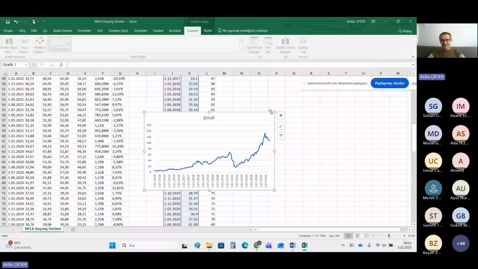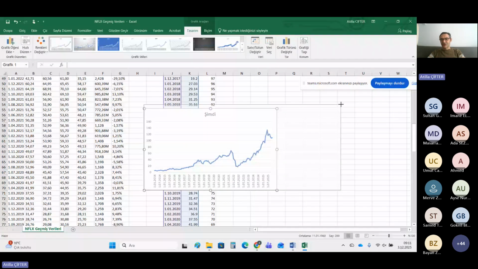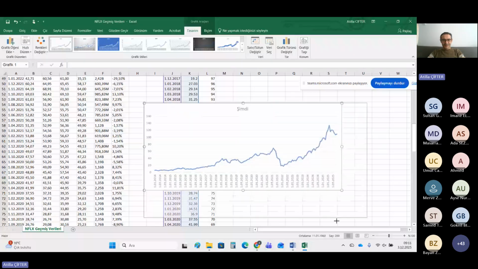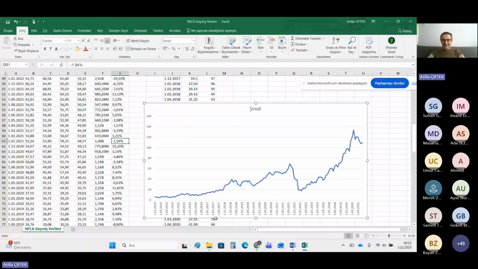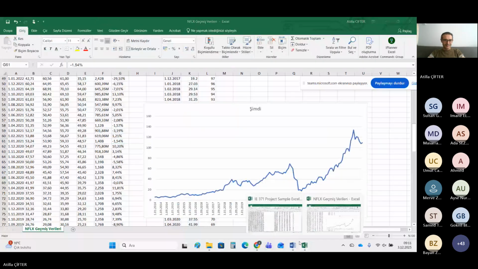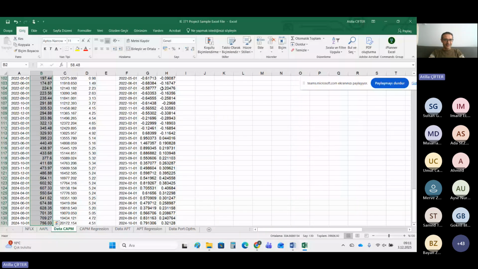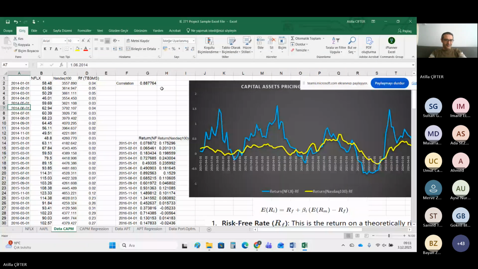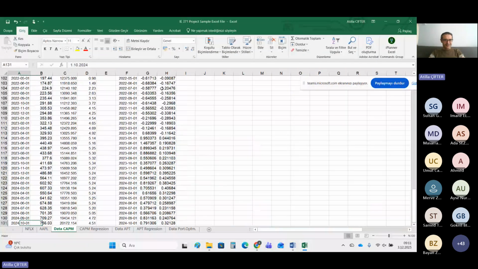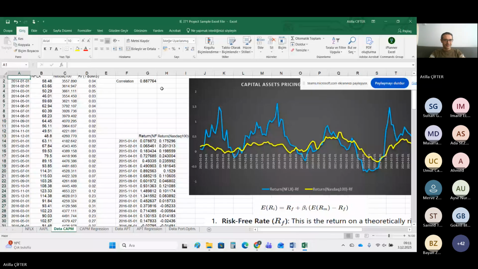So let's look at how it looks. It is Netflix monthly changes. Then you will take this data and paste it to here. But since now we have fewer observations, let's look at how many observations I have.